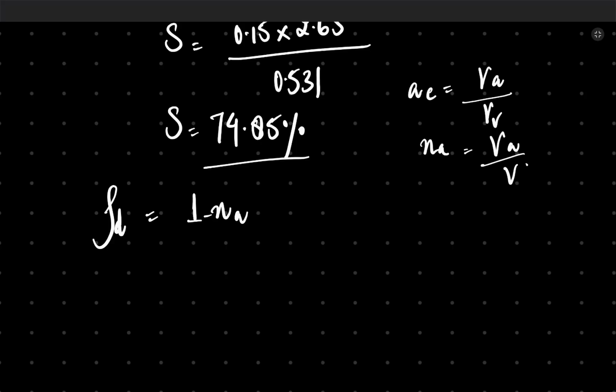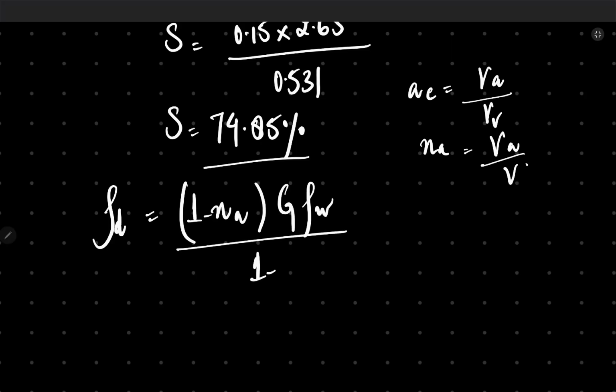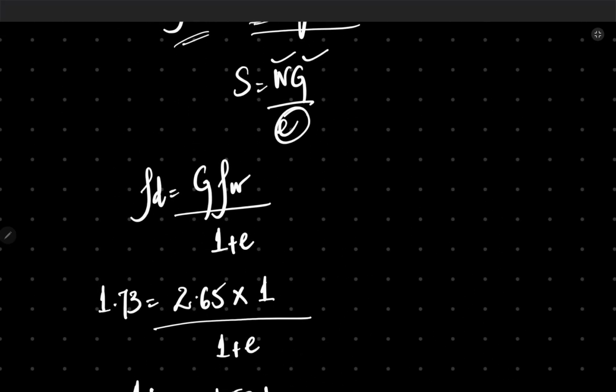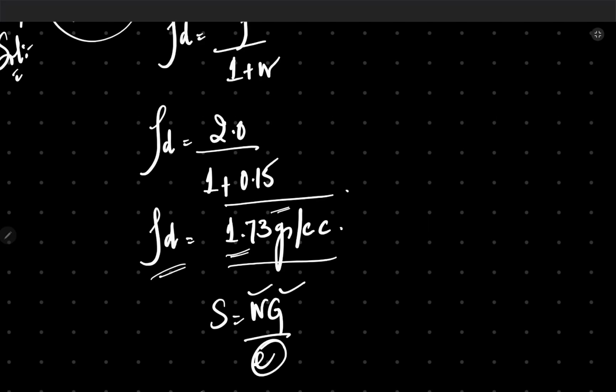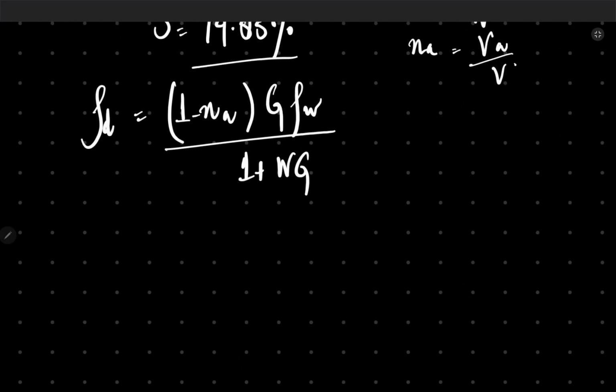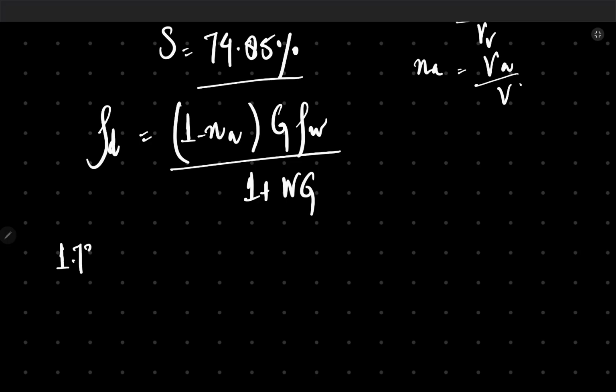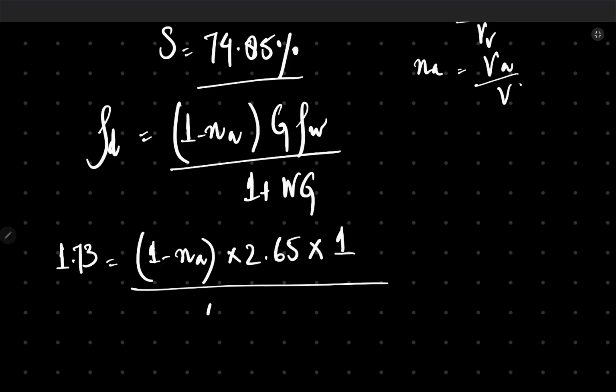All right, dry density equals 1 minus Na, G rho W over 1 plus Wg. Dry density we have found, it was 1.73 grams per cc. So here I'll write 1.73, 1 minus Na, G is 2.65, rho W is 1 gram per cc, 1 plus water content is 15%, and G is 2.65.